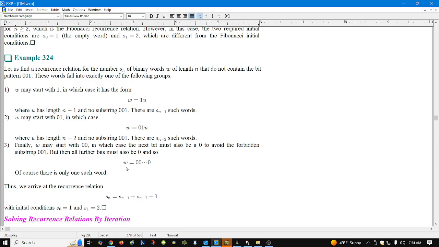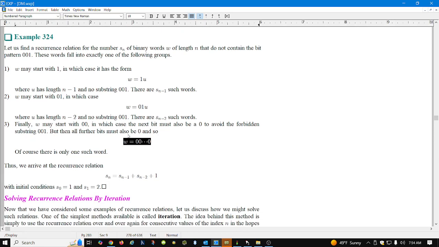In other words, it's going to have to be the word with all zeros, and there's one of those. So this is what the recurrence relation looks like, and these are the initial conditions. I hope you can see that this type of problem is perfect for recurrence relations.